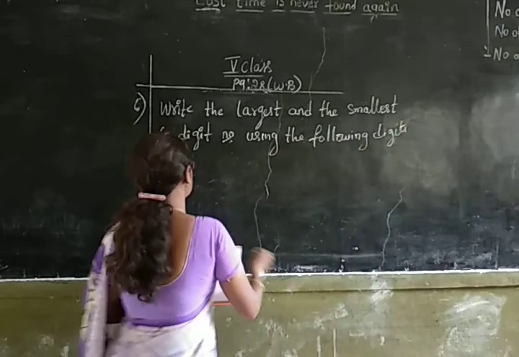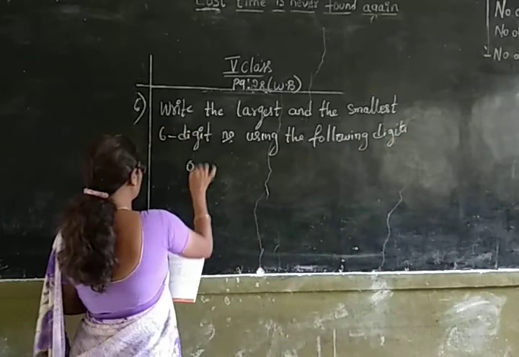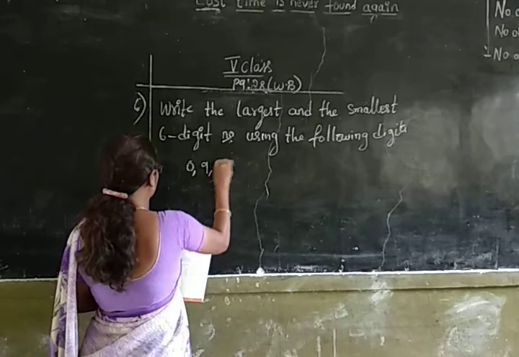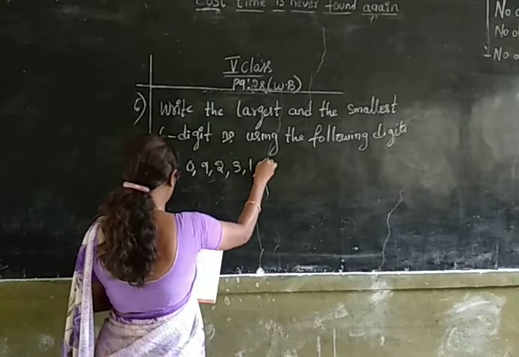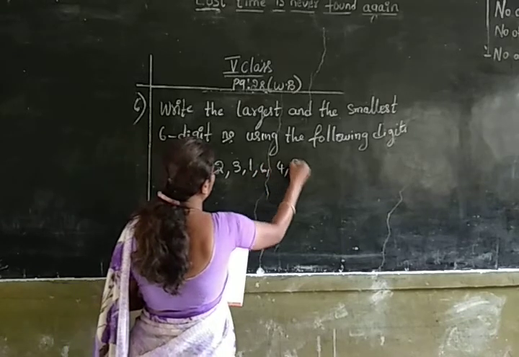So you are given some digits here. Those are 0, 9, 2, 3, 1, 6, 4, 8.